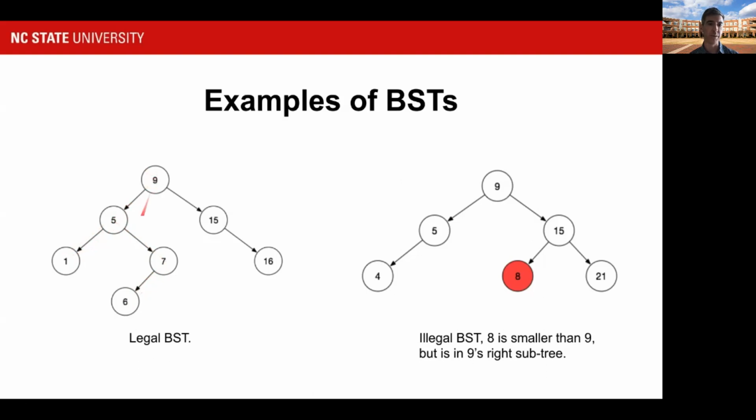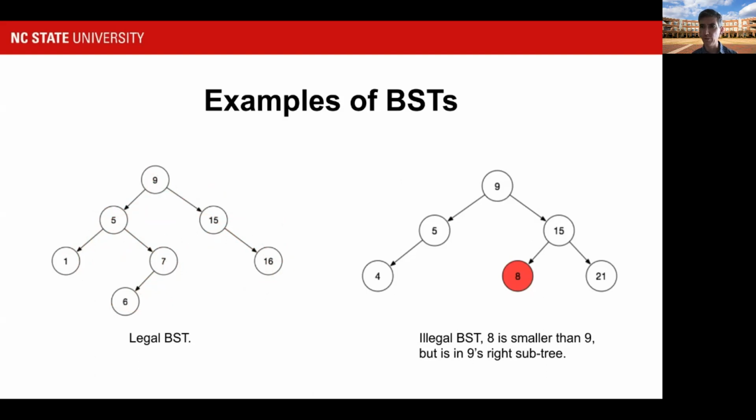Likewise, 9 is bigger than everything down here on its left, and 9 is smaller than everything over here. Likewise, 15 is smaller than 16. So this tree is properly obeying all of our rules.